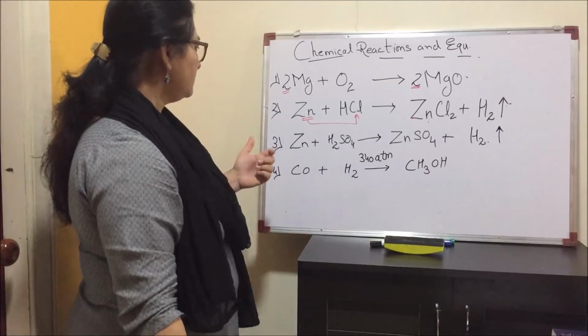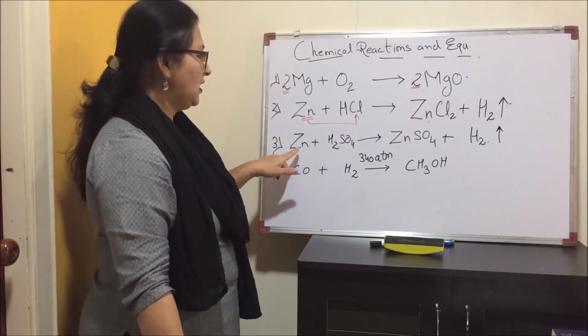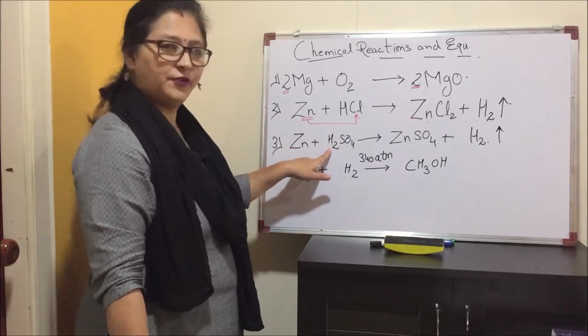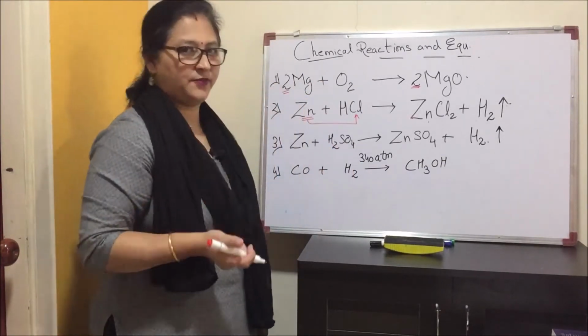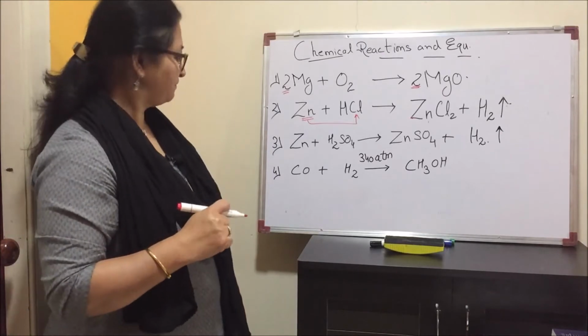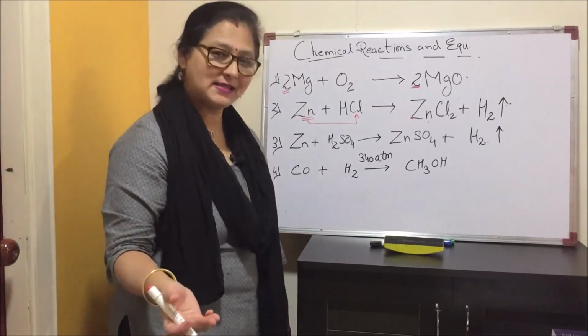In this experiment you can do the same experiment with the acid HCl, hydrochloric acid, or sulfuric acid, right? H2SO4 is sulfuric acid, and what about H2SO3? It is sulfurous acid.